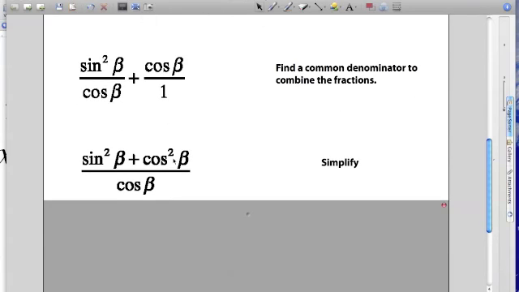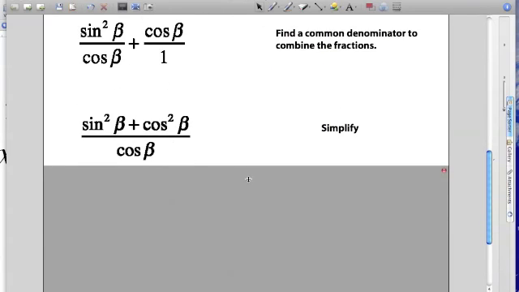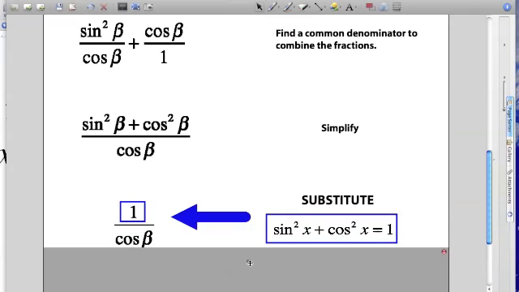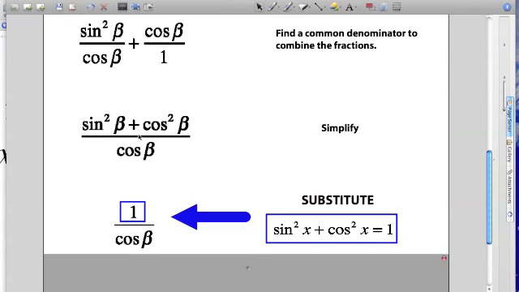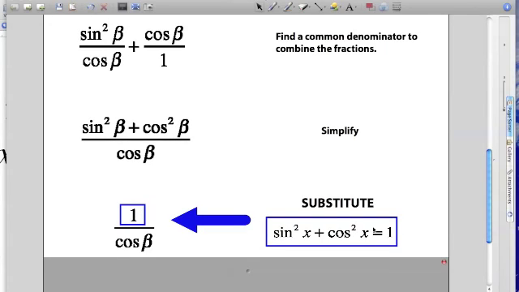And then you have 1 fraction, and when I see some squared trig functions, at some point I should probably reference my Pythagorean identities. That's what you can see here. We took sine squared x plus cosine squared x equals 1, and I made that substitution. So we took the top part of the fraction and simply replaced it with 1, because that's what it's equal to.